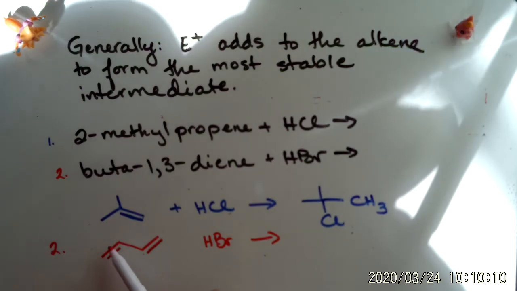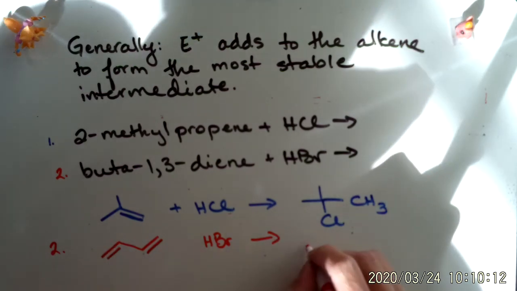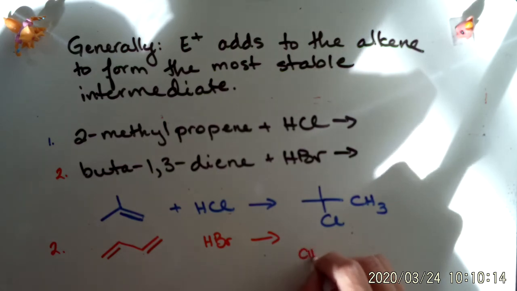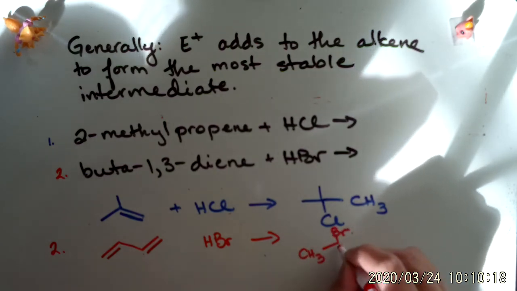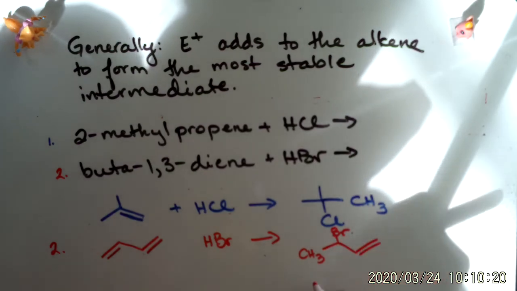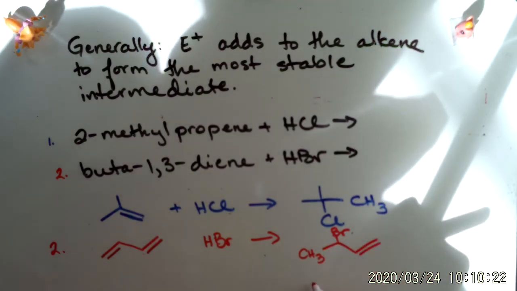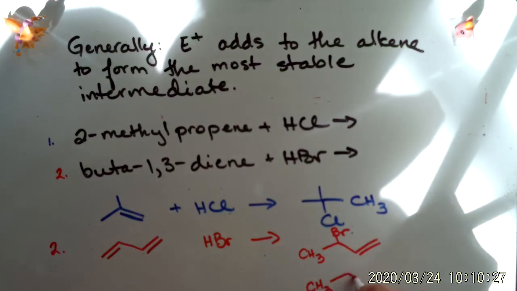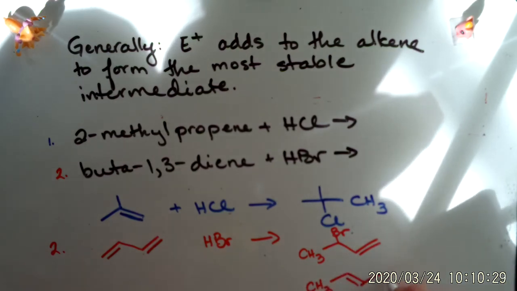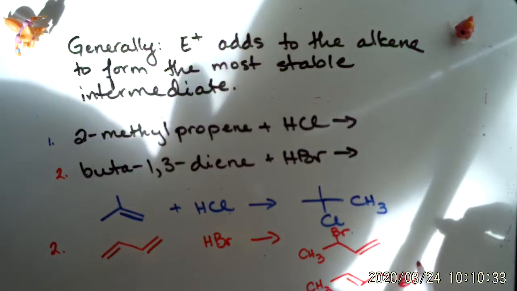This has more hydrogens than this one, so you get something like CH3, Br here, and I can get CH3 and Br there. Now how is this possible?